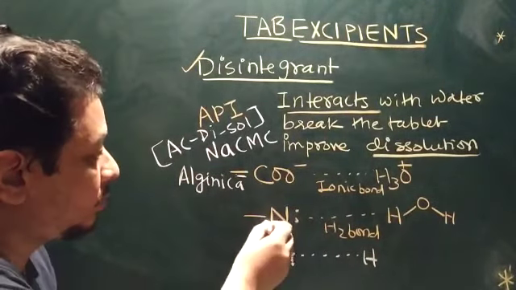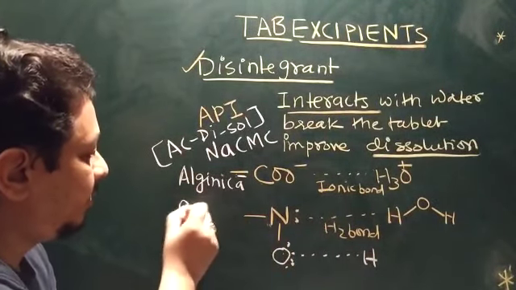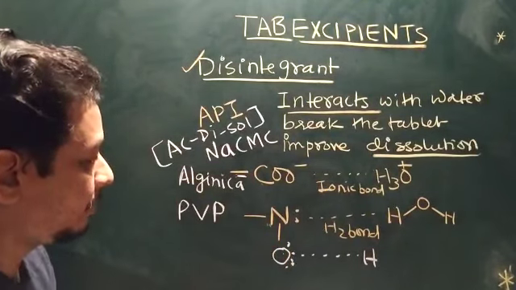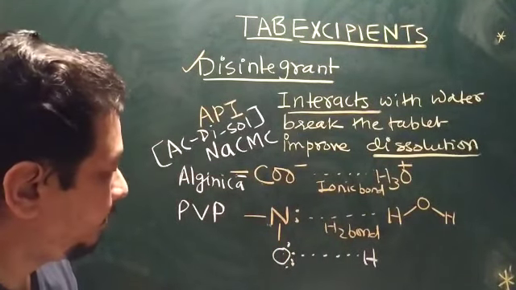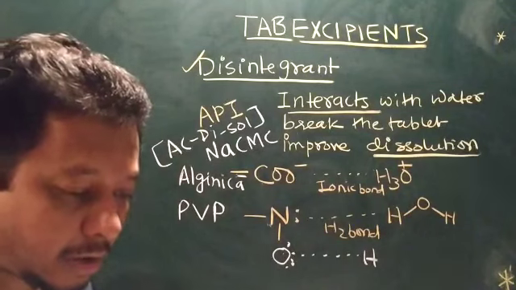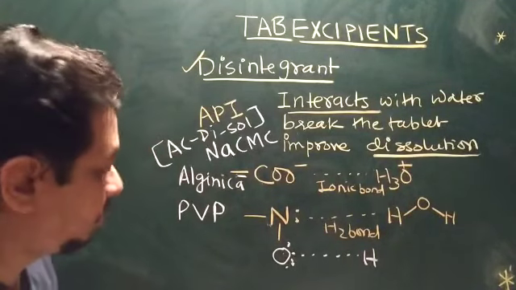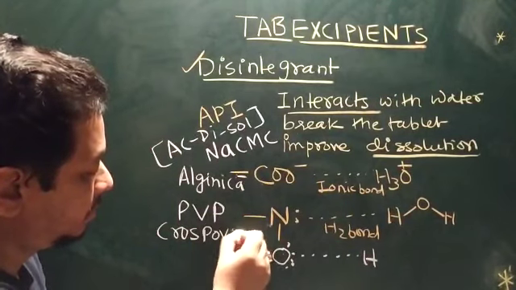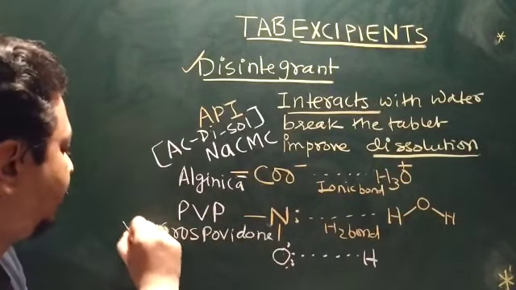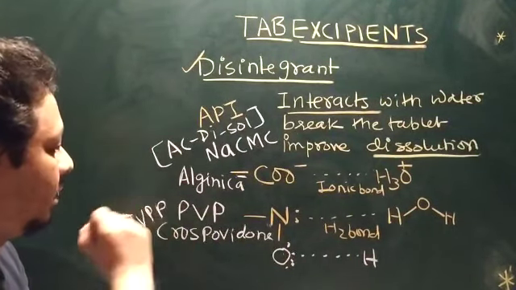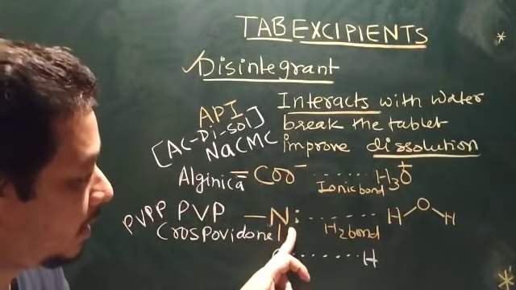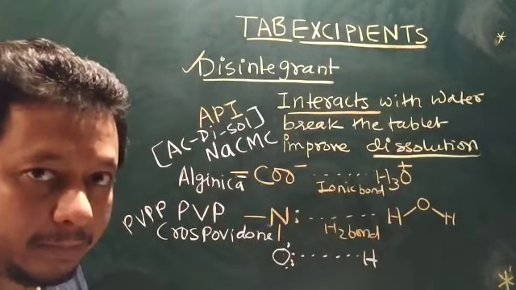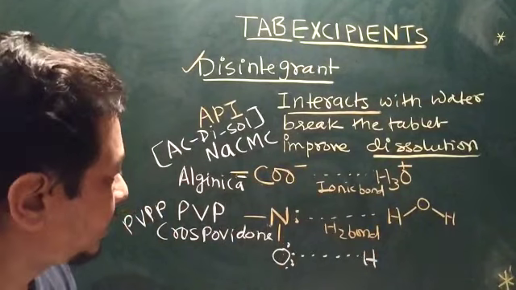So among nitrogen-containing ones, you have PVP, polyvinyl pyrrolidone. Then you have crospovidone, basically cross-linked polyvinyl pyrrolidone, which also contains nitrogen and can improve disintegration.